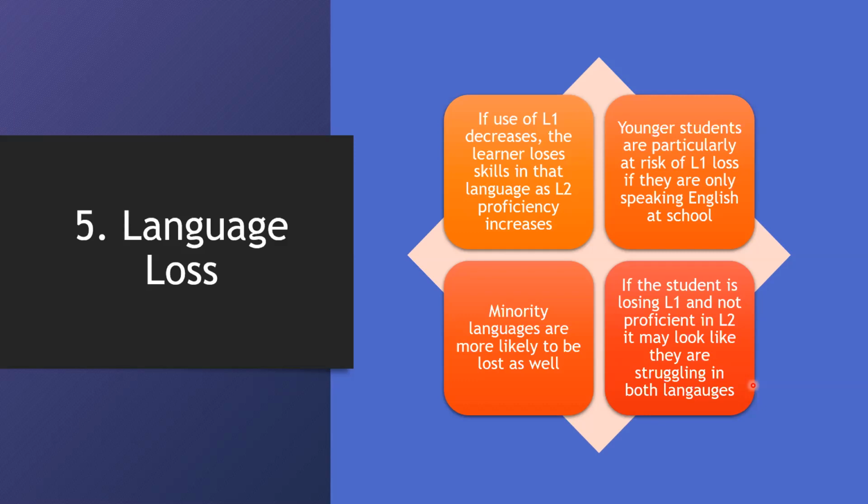And that's one of the things where you really have to consider whether what you're seeing is a hallmark of language disorder versus a lack of exposure to both languages. So you've lost exposure to language one, and you have limited exposure to English as your language two. So really, it's not that you are having difficulty learning language, which is kind of the definition of a language disorder. It's that really you just don't have enough exposure in either language to be proficient.